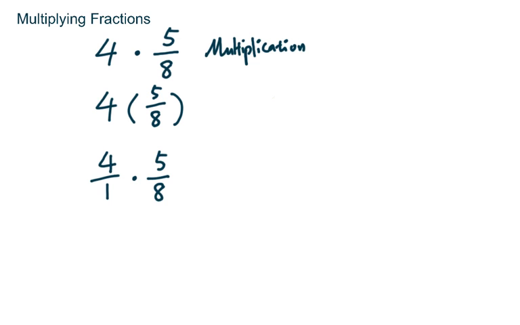So here we see that 4 and 8 both have a GCF, which is 4. So 4 divided by 4 is 1. 8 divided by 4 is 2. So we will have 1 times 5, which is 5, 1 times 2, which is 2, and our final answer is 2 and 1/2, because 2 goes into 5 two times, and the leftover 1, you put it on top.